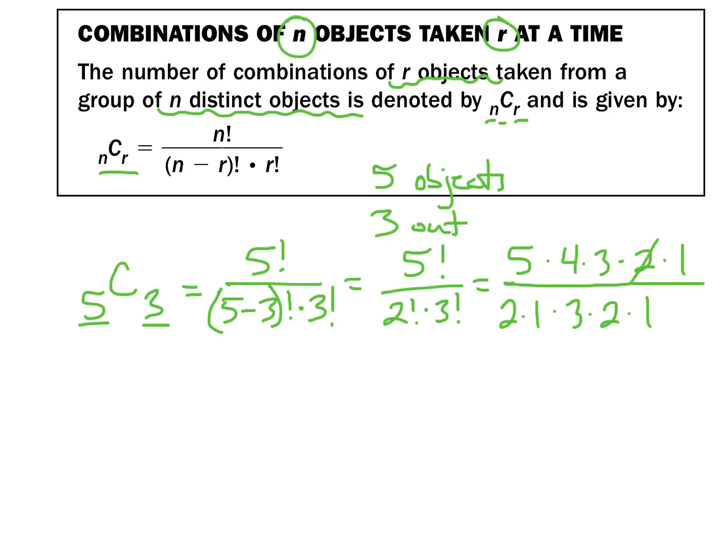So, of course, 2 divided by 2 is 1, and 3 divided by 3 is 1. So what we're really left with is 5 times 4 on top, which is 20, divided by 2 times 1 on bottom, which is 2, and 20 divided by 2 is 10. So what we're saying is there are 10 possible combinations of 3 objects being taken out of a total of n, or 5, objects.